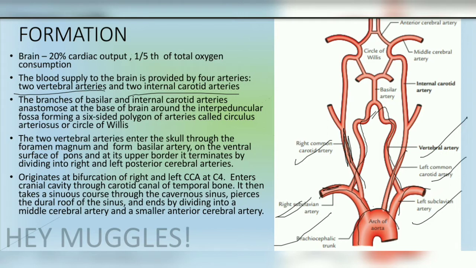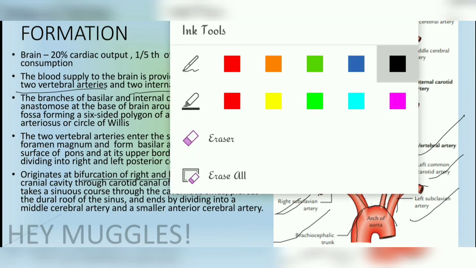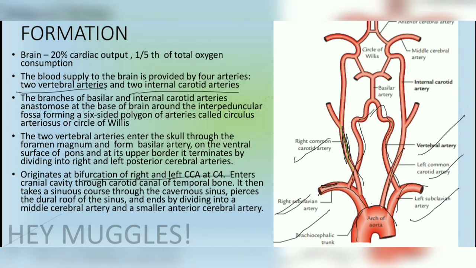The internal carotid artery is formed by bifurcation of the right and left common carotid arteries at C4. So this is your right common carotid artery and this is your left common carotid artery.